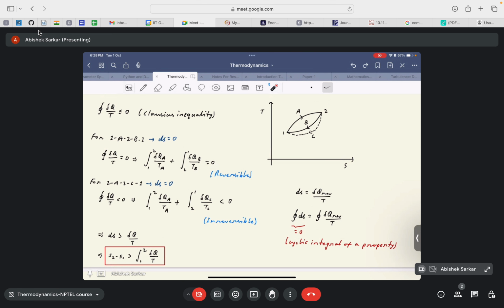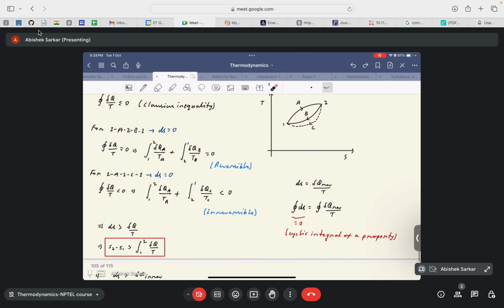But the cyclic integral of delta Q by T is less than 0 in the case of an irreversible cycle. And because dS is equal to 0 and the cyclic integral of delta Q by T is less than 0, it implies that the cyclic integral of delta Q by T is less than dS in the case of an irreversible cycle.